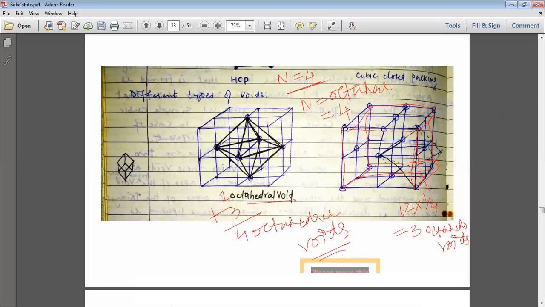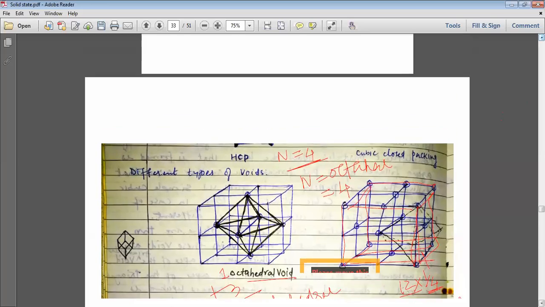On each edge we have 1/4 of the octahedral void. So total 3 octahedral voids. So when we sum, 1 octahedral void at the center and 3 octahedral voids at the edges, we get a total of 4 octahedral voids available with us.